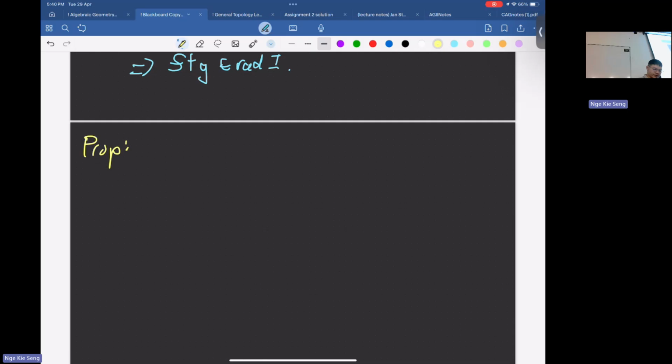So one thing you can show is that prime ideals are actually radical. Is it hard to see or not? Not hard to see.